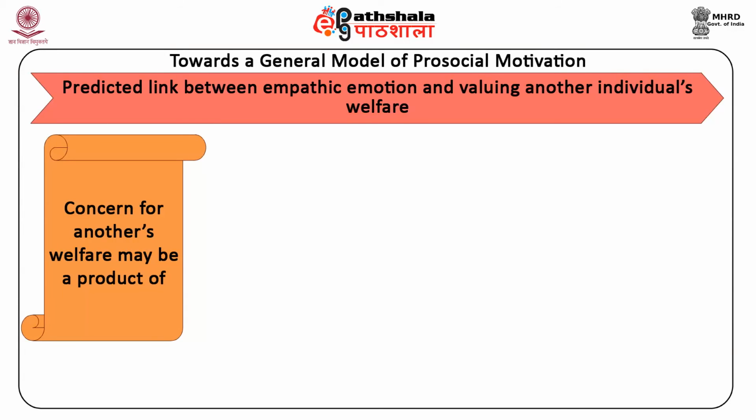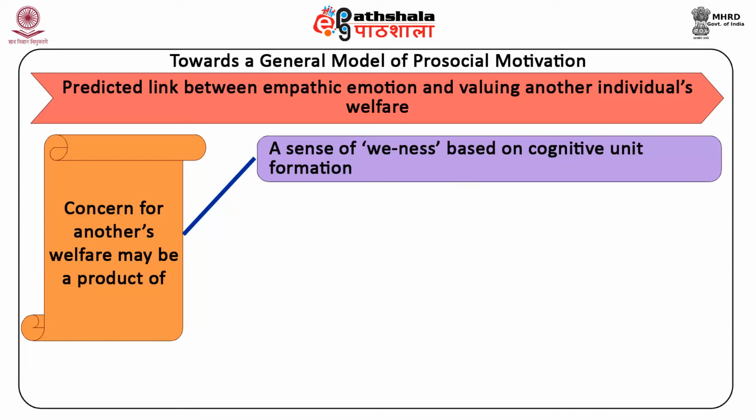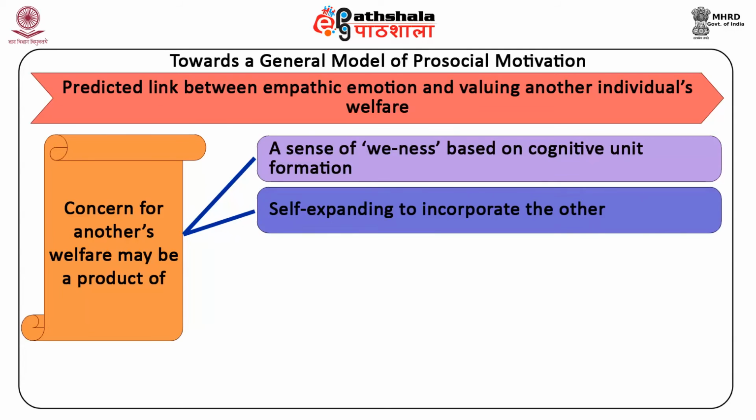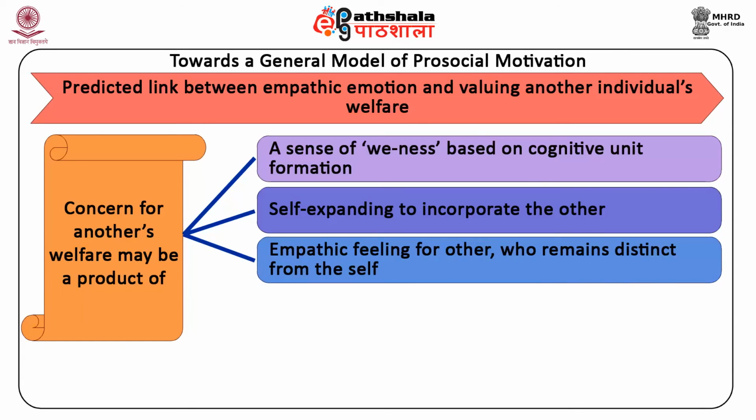Concern for another's welfare may be a product of: A. A sense of we-ness based on cognitive unit formation or identification with the other's situation. B. The self expanding to incorporate the other. C. Empathic feeling for the other who remains distinct from the self.